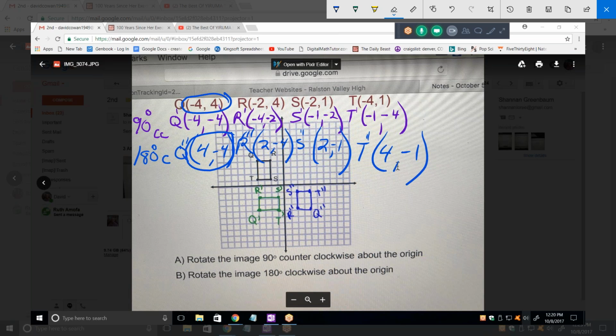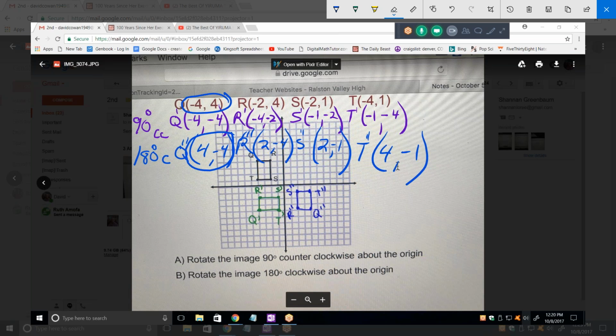So you can see that two 90 degree counterclockwise rotations are the same as a 180 degree clockwise rotation. And that's as it should be. It's 360 degrees, a full rotation. If I took this black rectangle and rotated it about the origin by 360 degrees, it would merely put it back where it was.